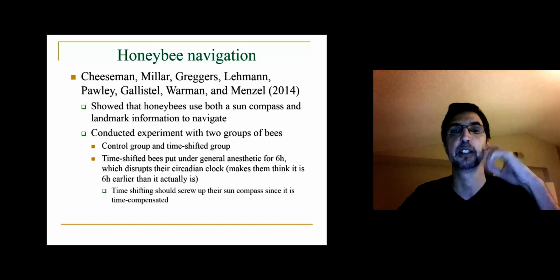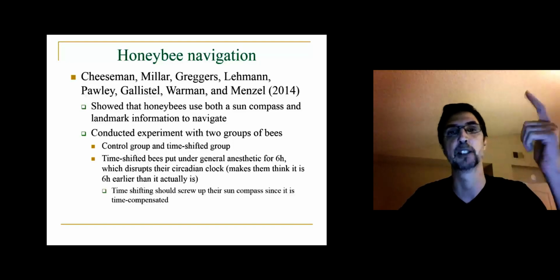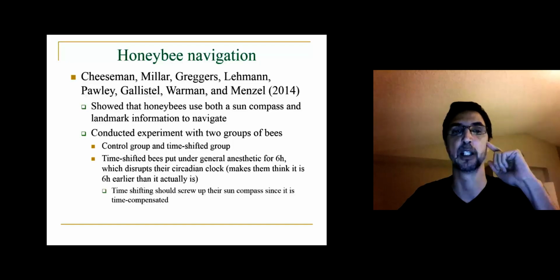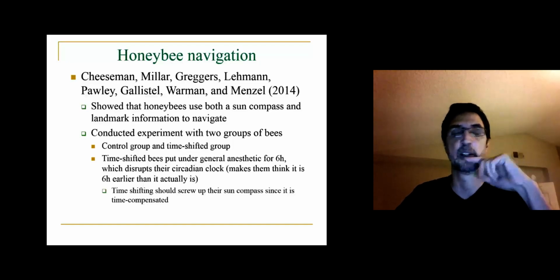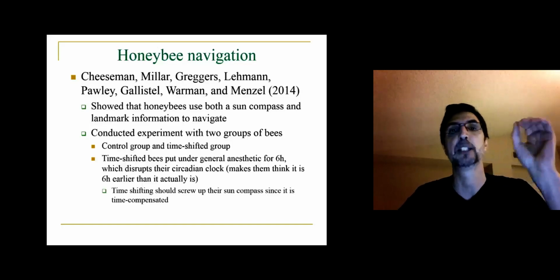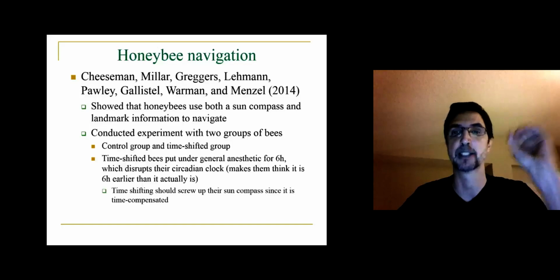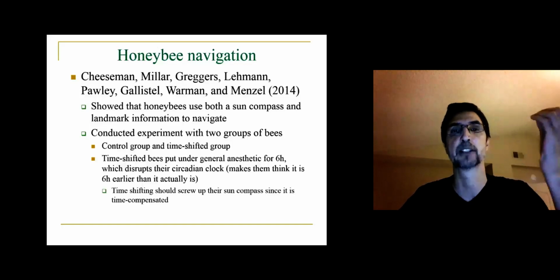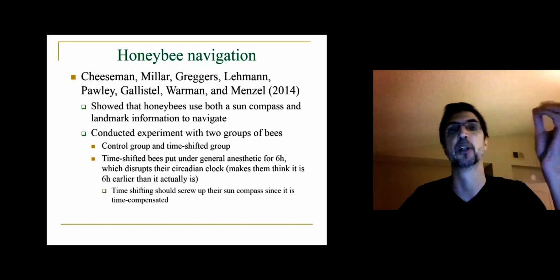So they conducted an experiment with 2 groups of bees. One was a control group and the other was the time-shifted bees. The time shifting was done before the actual experiment. The time-shifted bees were put under general anesthetic for 6 hours. General anesthetic is a fast way to mess up their circadian clock.